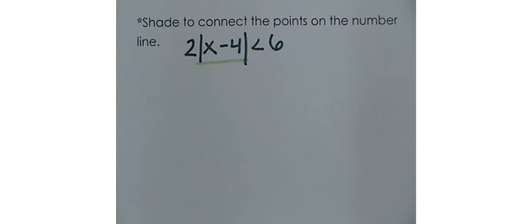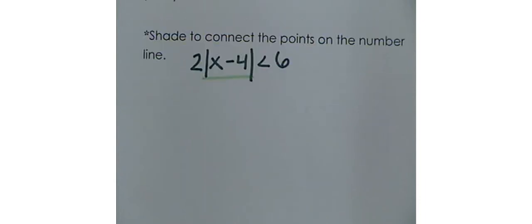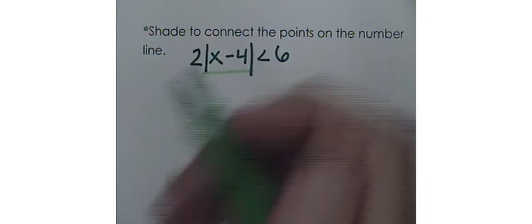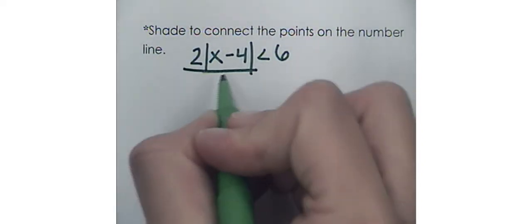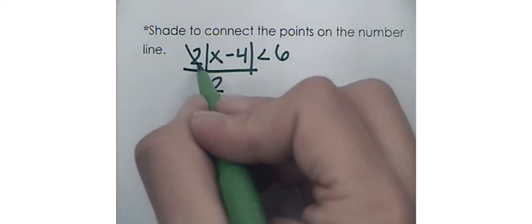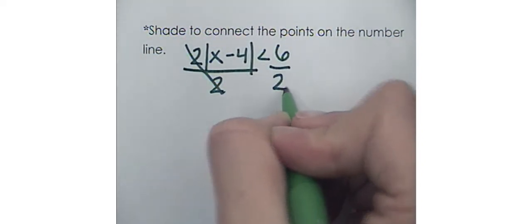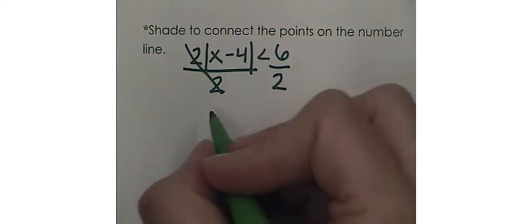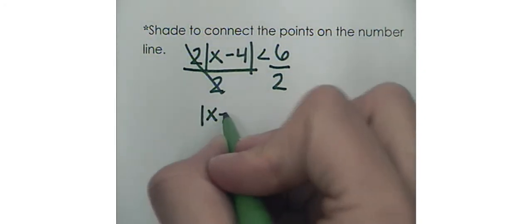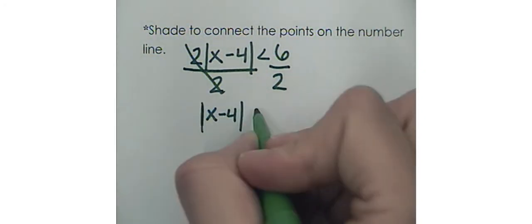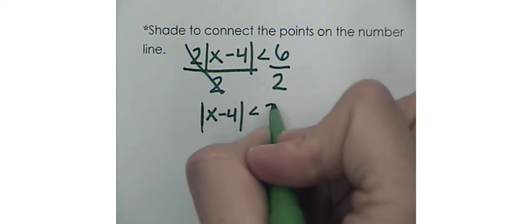So what's out in front of it? A 2. So we need to divide by 2 because they're smushed together, they're being multiplied. Divide by 2 over here. And let's simplify. 6 divided by 2 is 3.